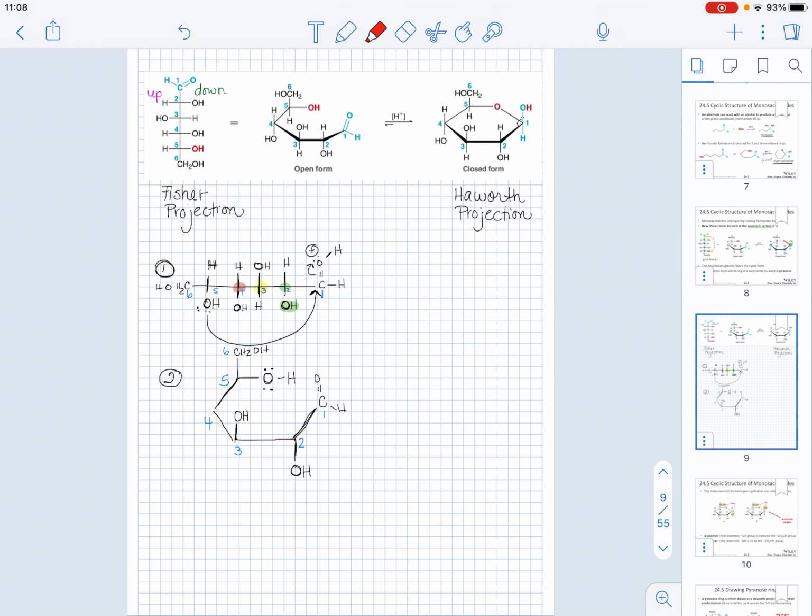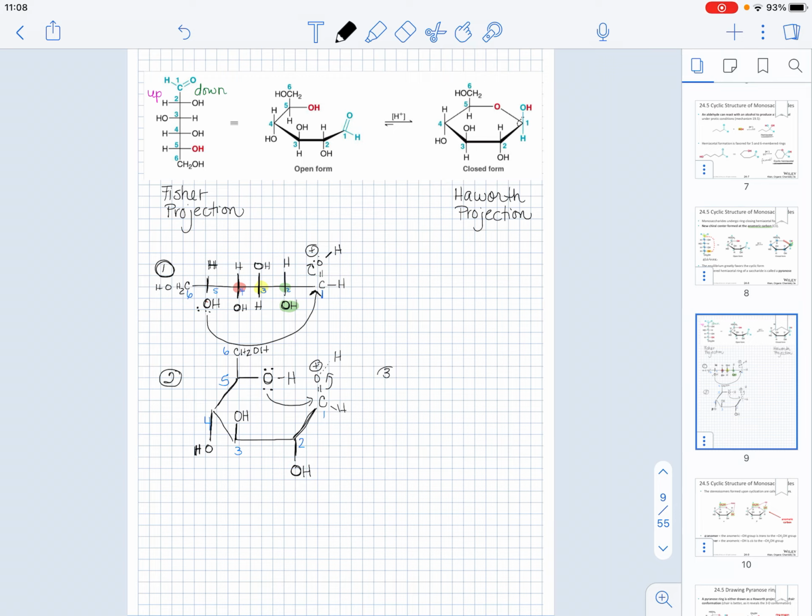On carbon 4, the OH is pointing down. Carbon 5 is what's going to be involved in the cyclization. So again, we can envision that this is protonated, that this is going to attack at the carbon atom. The electrons are going to go up to the oxygen.